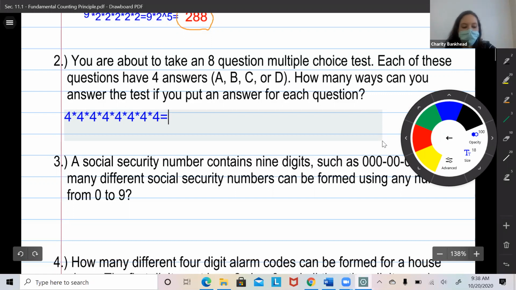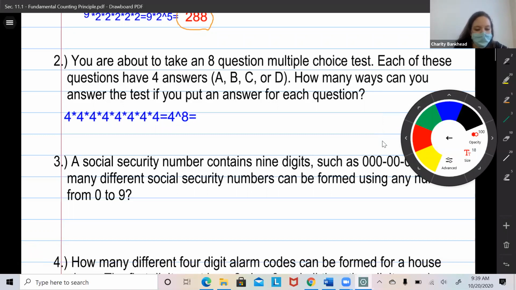Or in other words, 4 to the power of 8. And that's going to give us our answer. So that is 65,536.